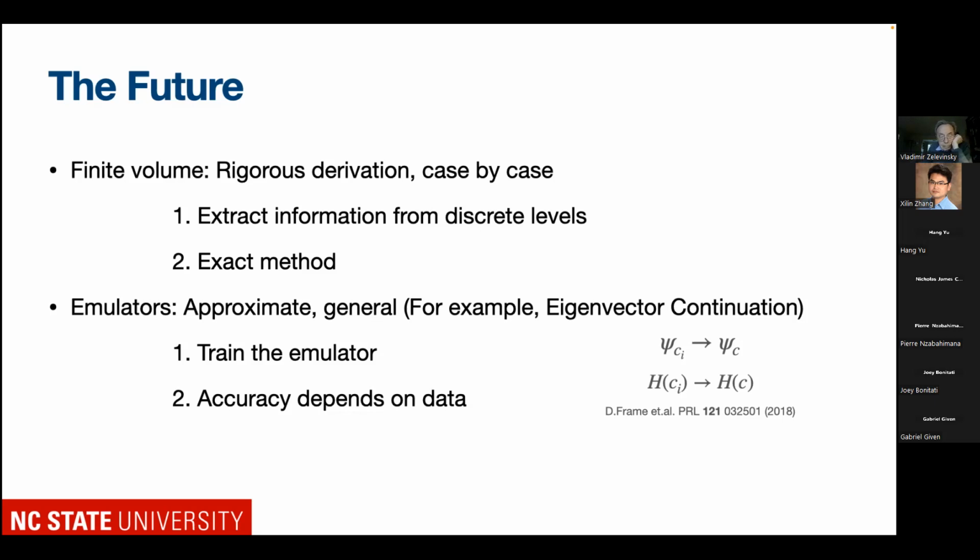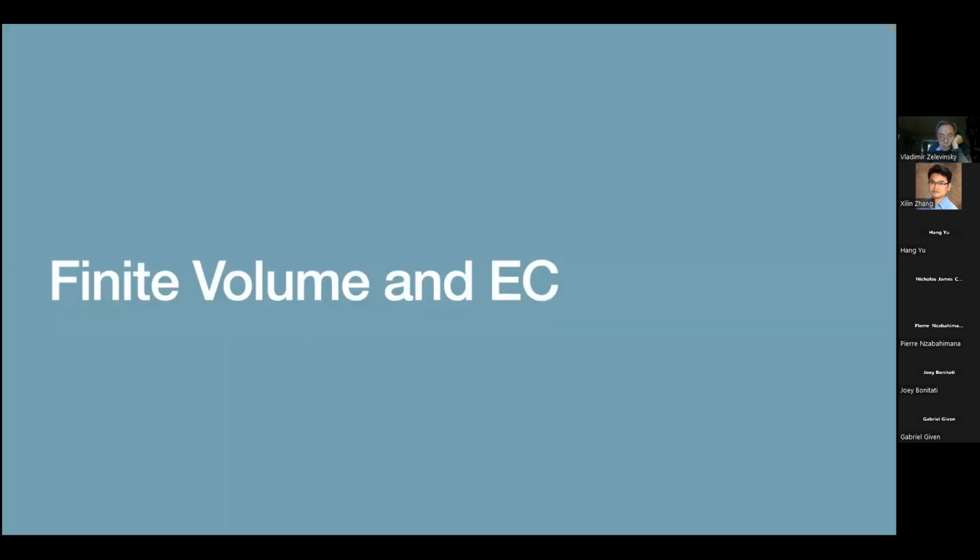The downside of emulators is that the accuracy depends on how you train them with data. In our case, we want to consider a special case where eigenvector continuation works, and this is a really nice emulator. We are going to talk about this preliminary idea about the finite volume and eigenvector continuation.